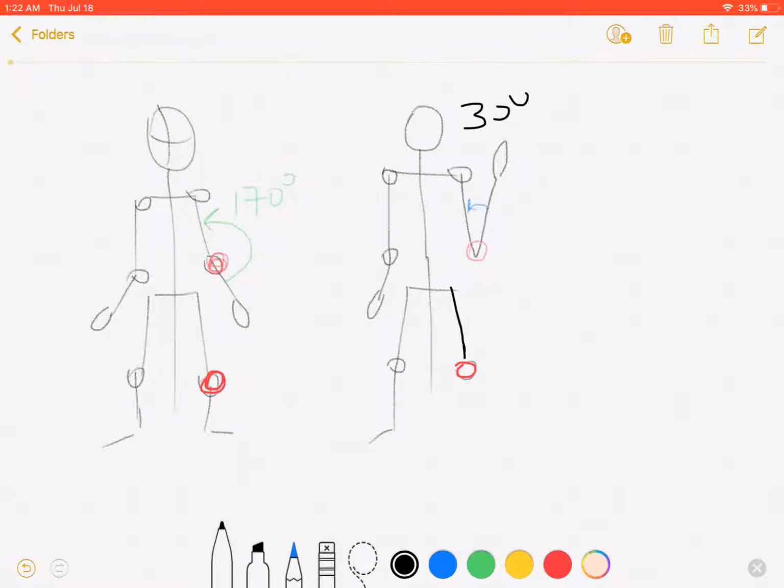It's going to go like this, because the angle was reduced. The angle is now like 40 degrees. It was flexed. Now extension straightens the joint.